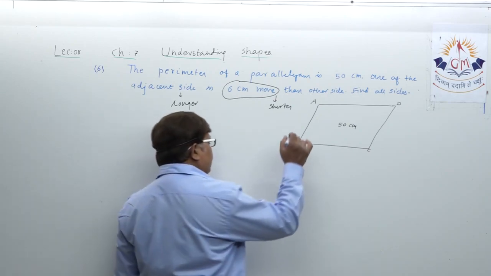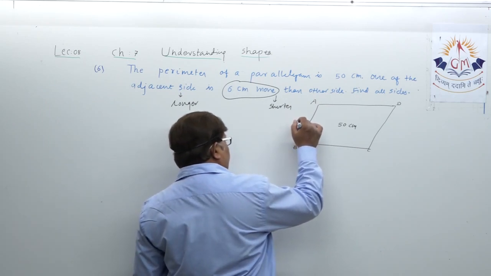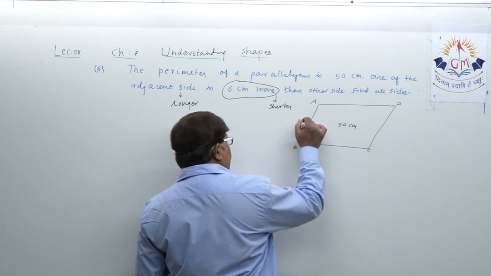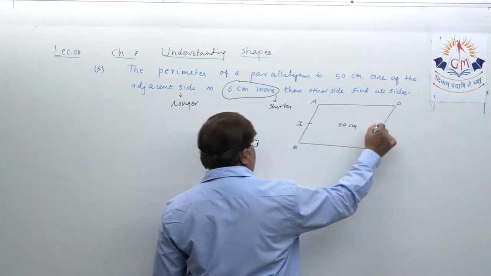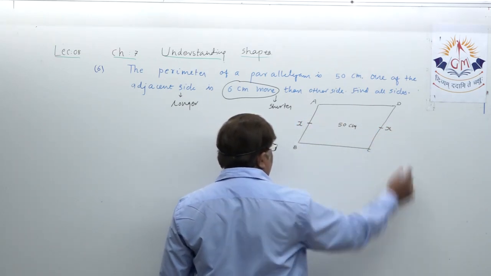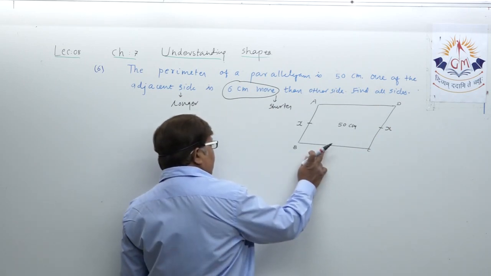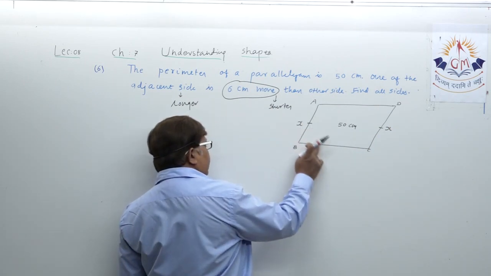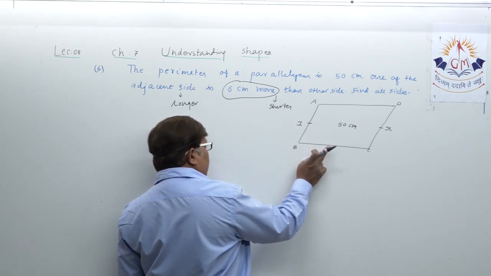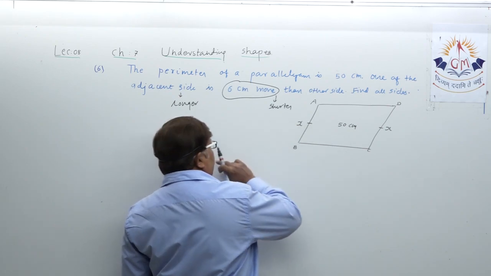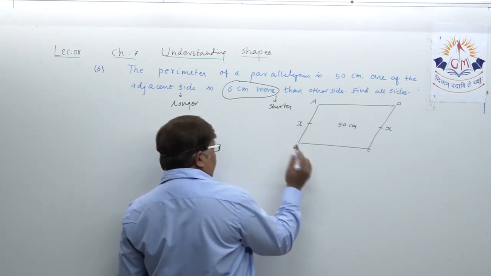Suppose we take this shorter side as x, so obviously this is also x. Now the longer side is 6 centimeter more than this.